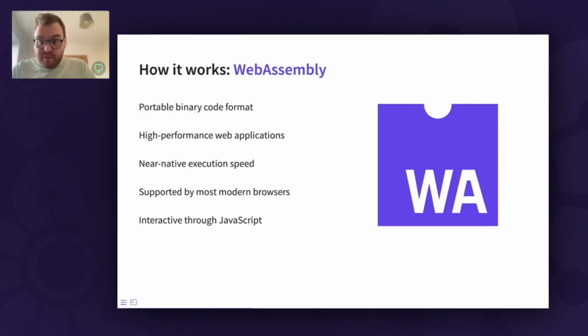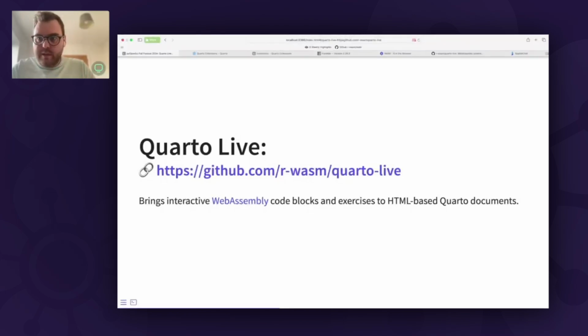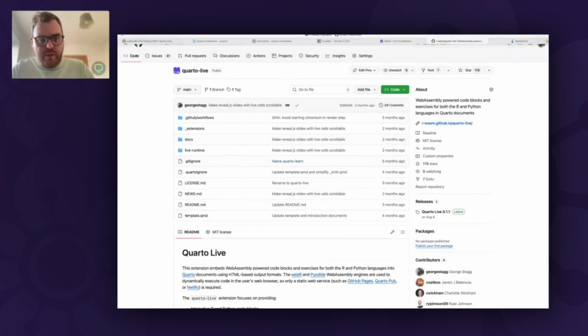Now, it's interactive through JavaScript. So if you know JavaScript, you can use this WebAssembly technology. But not everybody who knows Python or who knows R knows how to use JavaScript. And that's where things like Quarto extensions come in. So my extension is Quarto Live. There's a link to a GitHub website here, so you can actually view the source code.